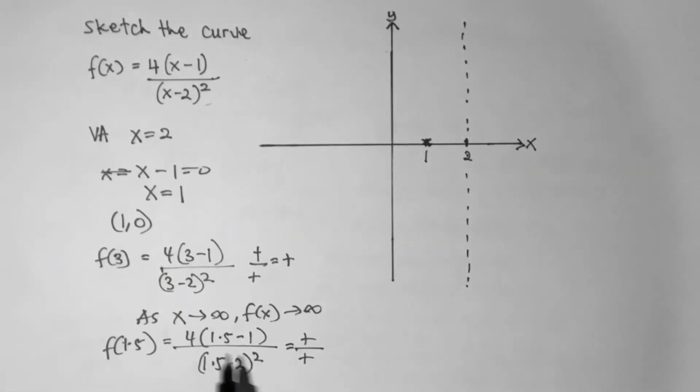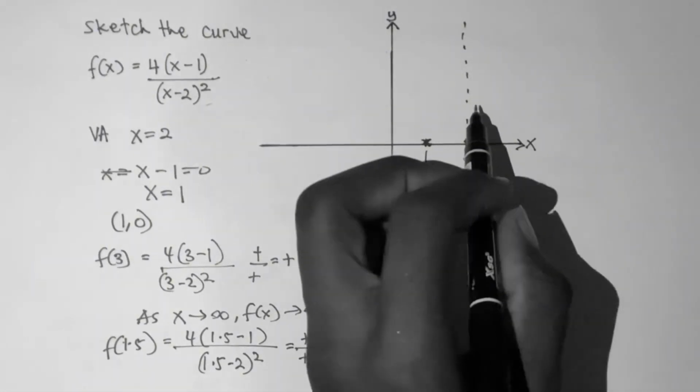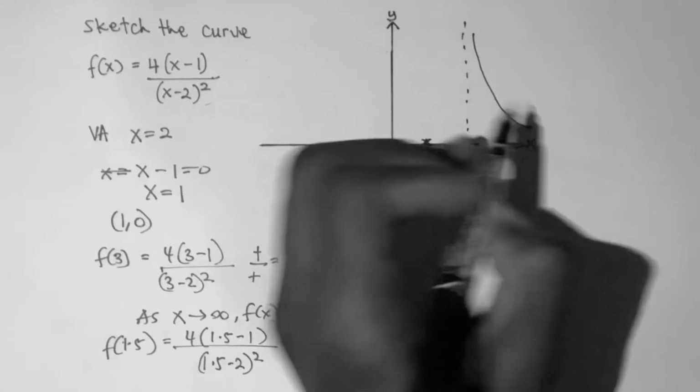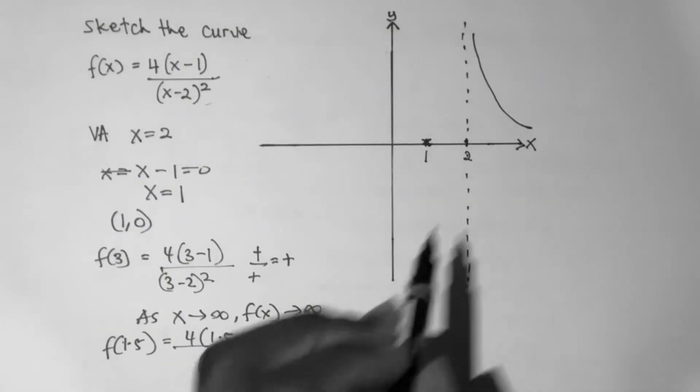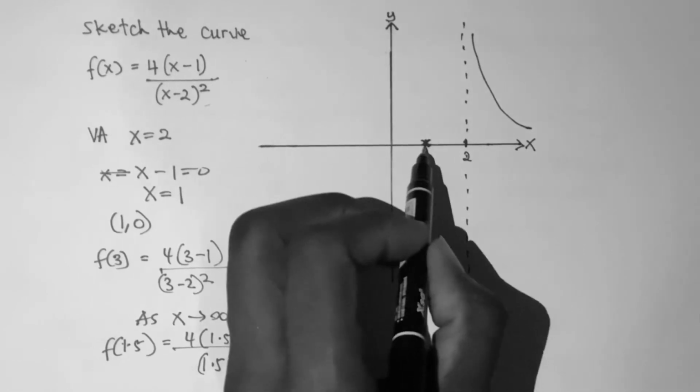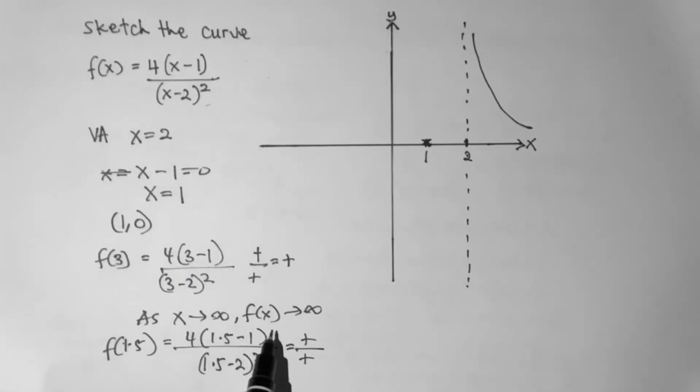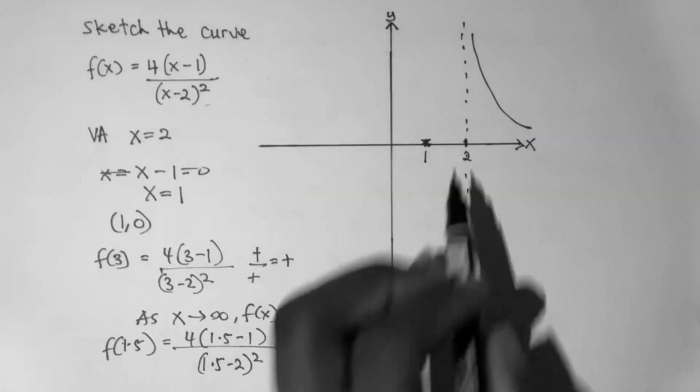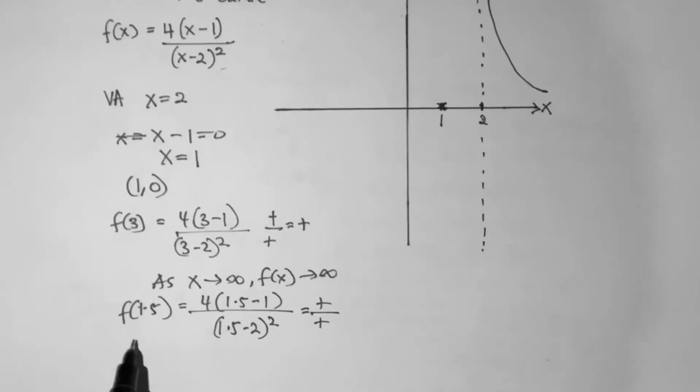So now, if we were to sketch the graph here, the graph will look like this. And then in this region, the graph will also look like this. Remember that 1 is a turning point. Now let's find values below 1, like f of 0, and see the nature of the curve.